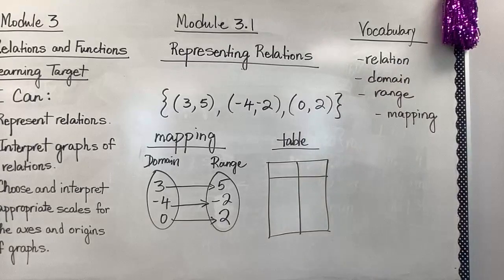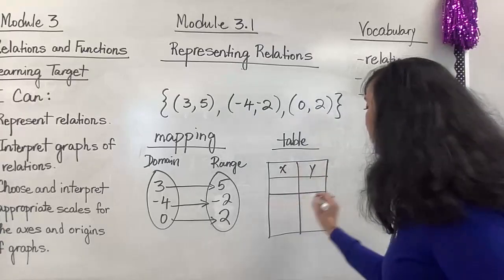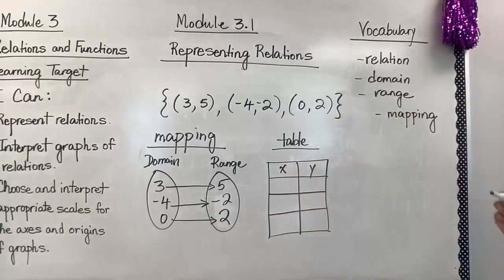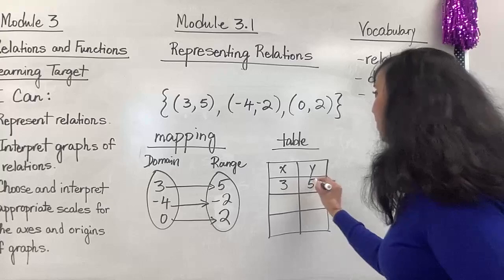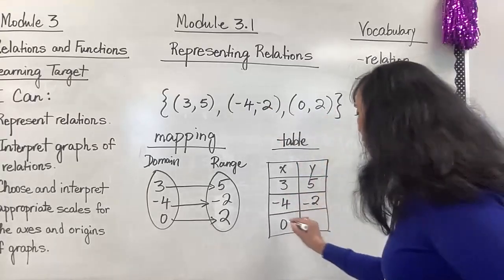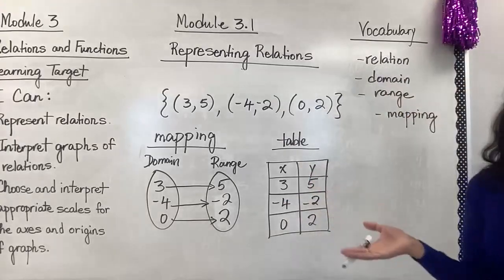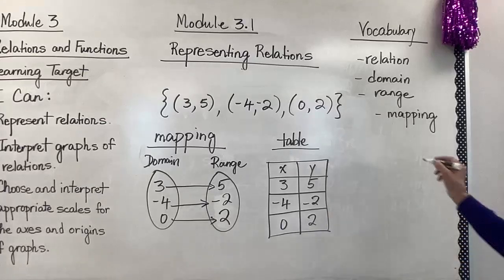I have the value of x and the value of y: 3, 5; -4, -2; 0, 2. And remember, x is the domain, y is the range. Then another way that we can show this is by a graph.